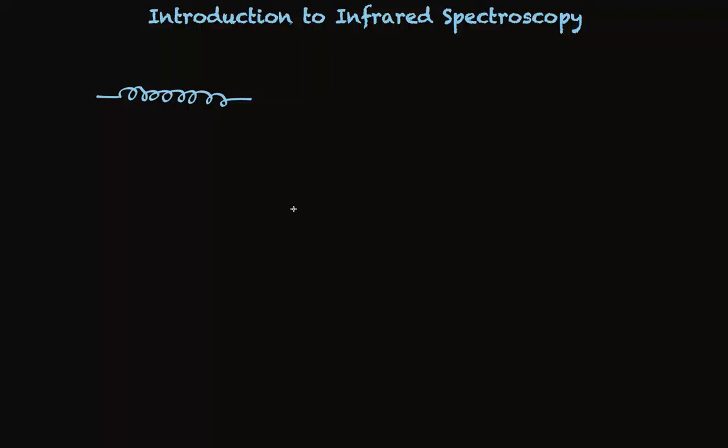like this, and we stretch that spring. So we're going to start with something like that, and we'll stretch it. Now there's tension, and it would like to go back where it was.